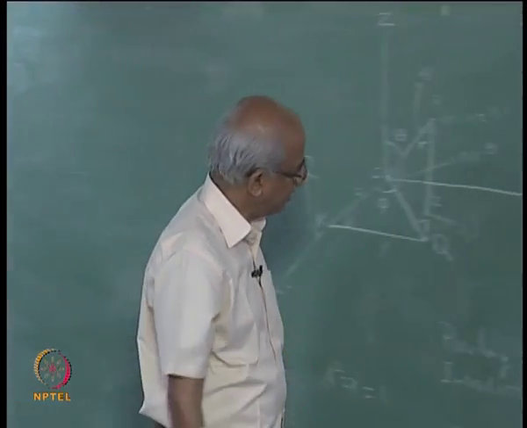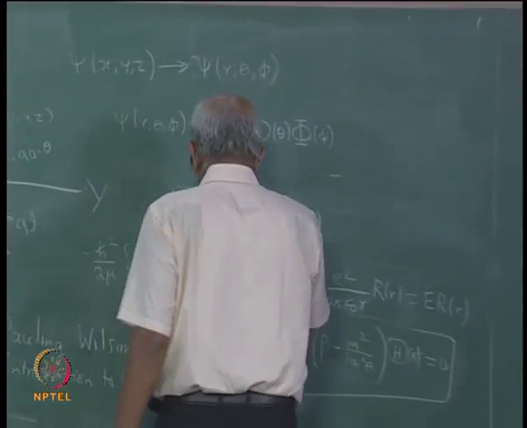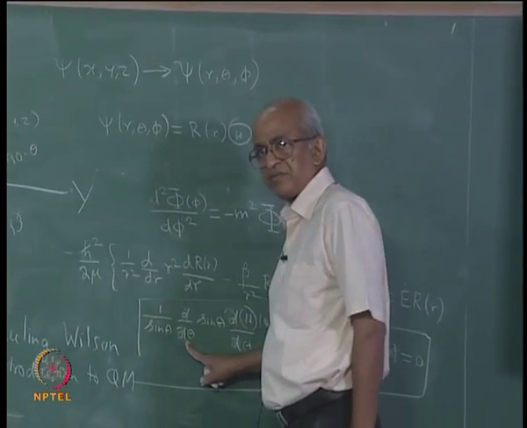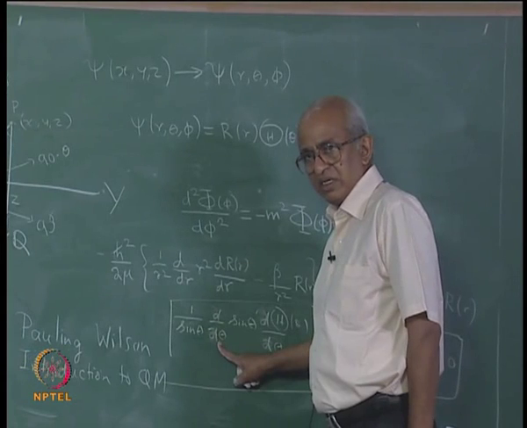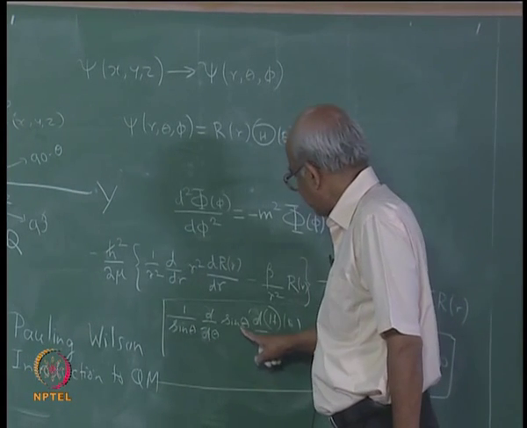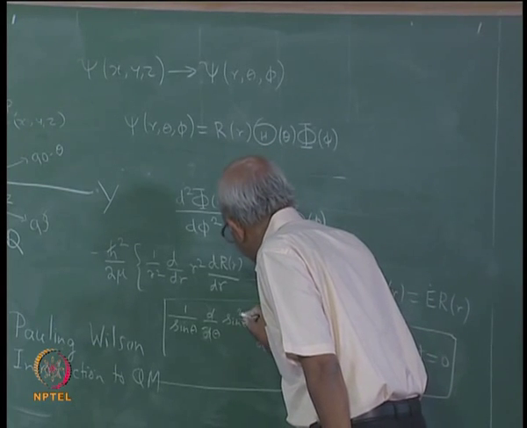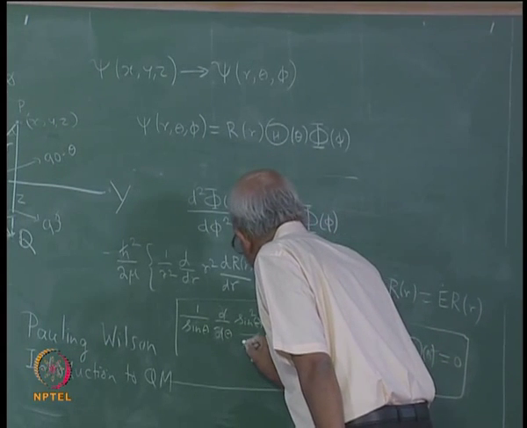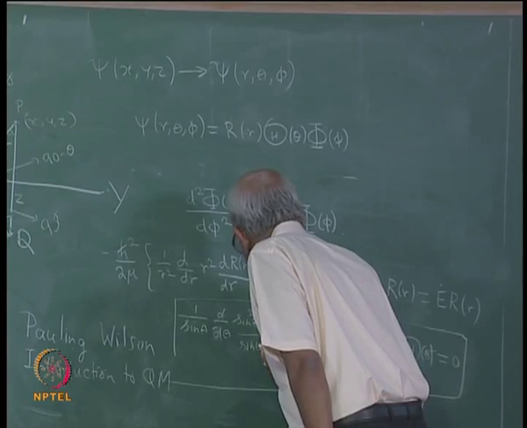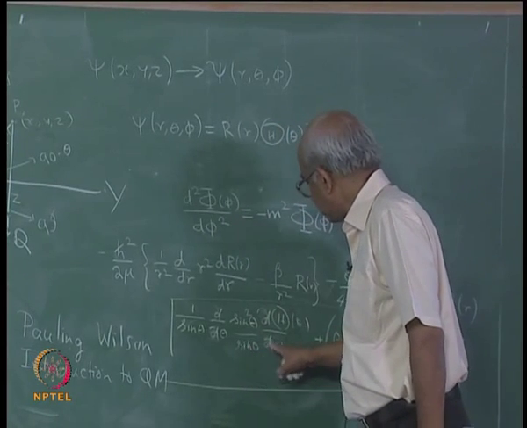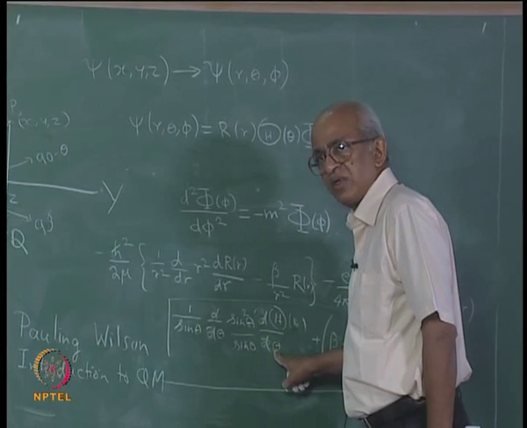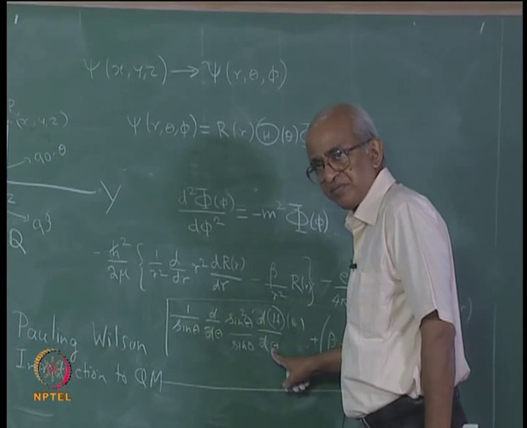Now you will see why this is convenient, because you have 1 by sin theta d theta here. But then you may say there is a sin square theta here. What I am going to do is put a sin square here and introduce another sin theta here, so that there also I have sin theta d theta.